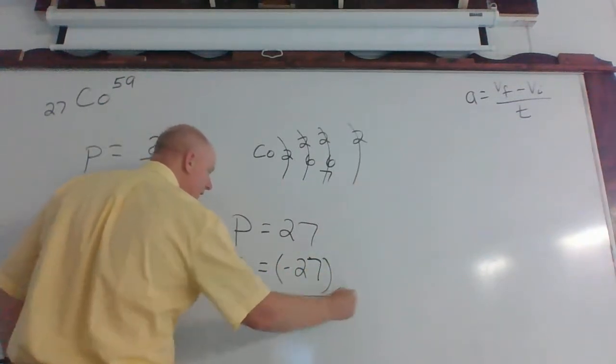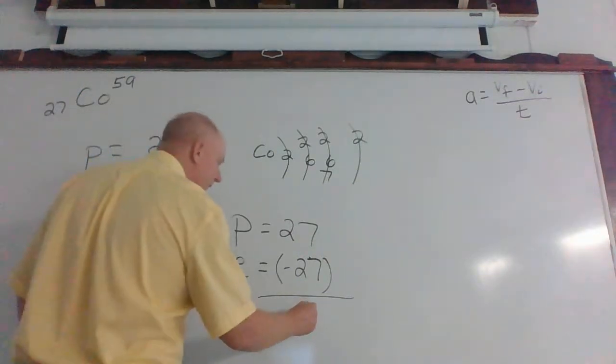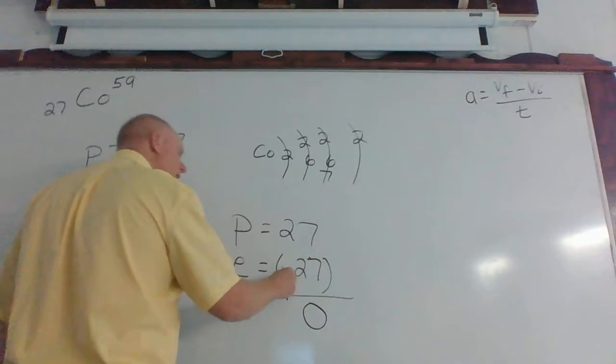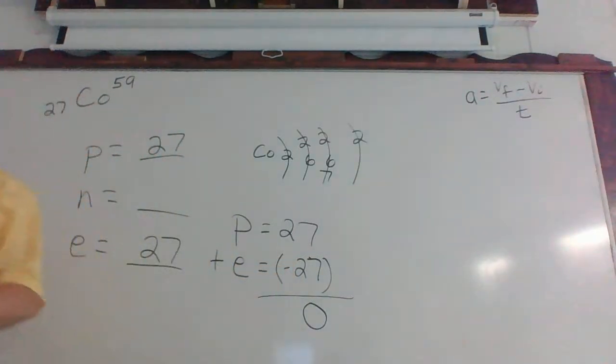So when we add them two together, what do we get? 0. Okay? Now again, that's just saying that we have 27 that have a negative charge. It's not a true mathematical function, but we're just saying that for every negative charge, that's going to balance out the positive charge and add up to 0.